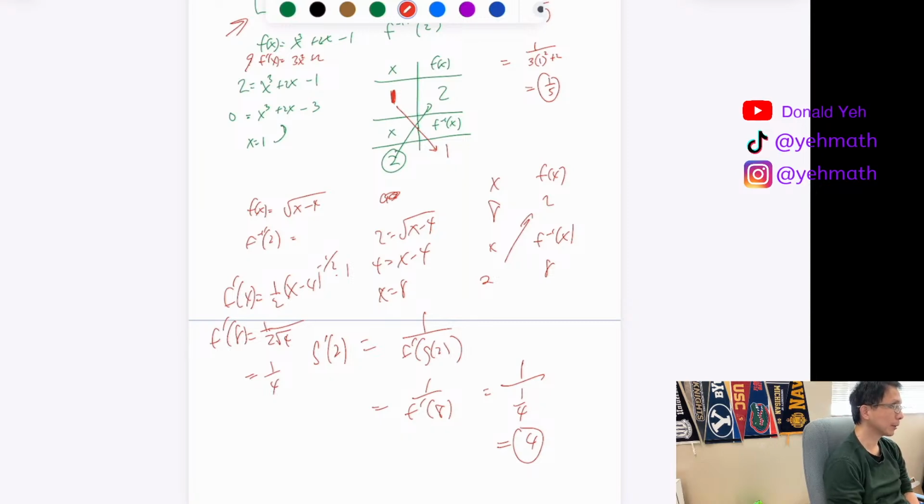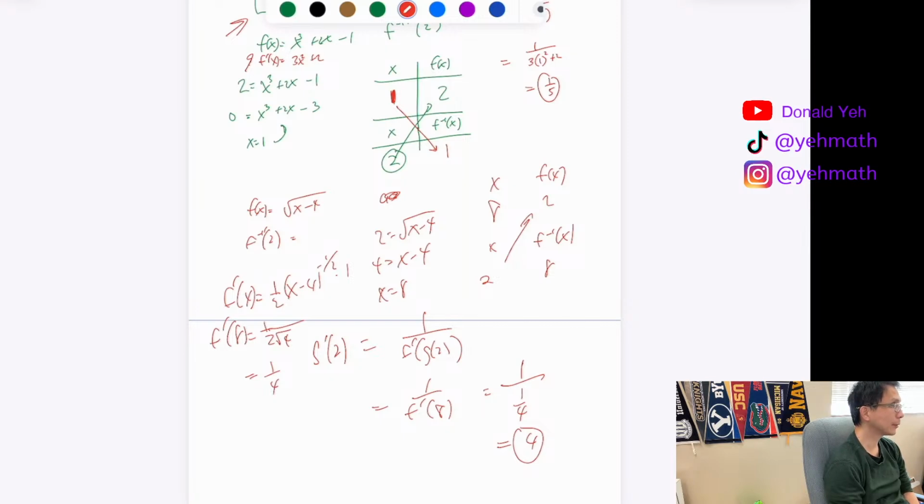Oh, wait. You plug in 8, right? Yeah. Actually, the inverse function is 2, but the y, you gotta figure out what the y is.